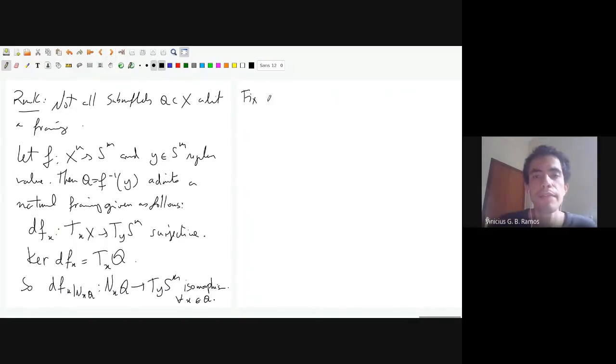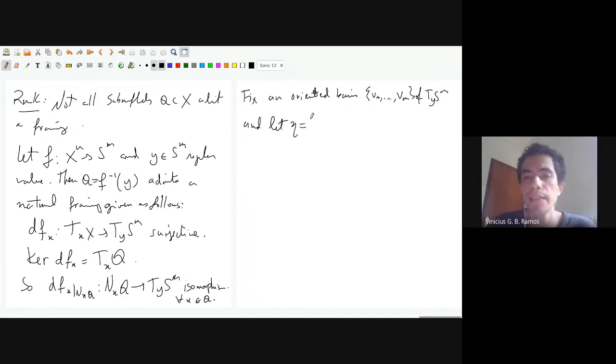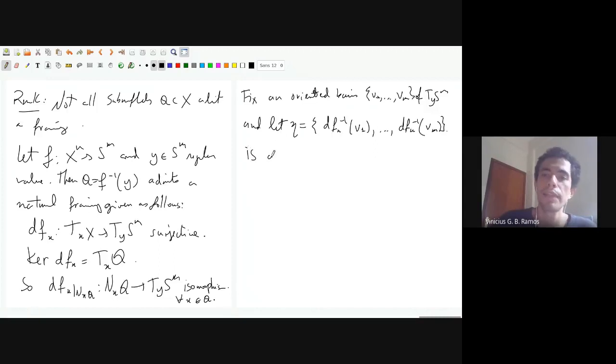So you fix an oriented basis v_1 through v_m of T_y S^m, and we let eta be the pre-images, df_x inverse of v_1 through df_x inverse of v_m, and this is a basis of the normal bundle at Q. Okay?